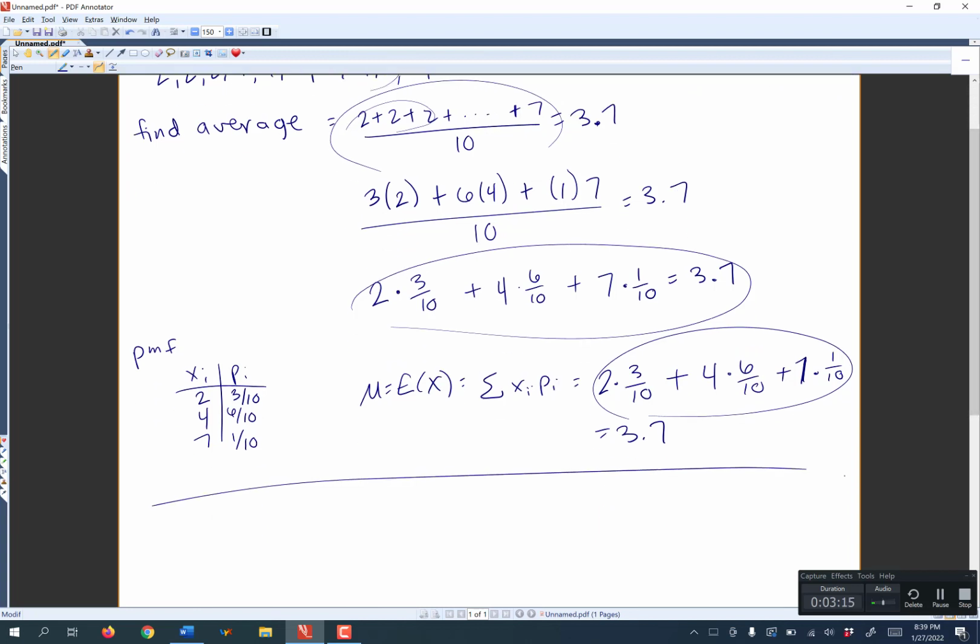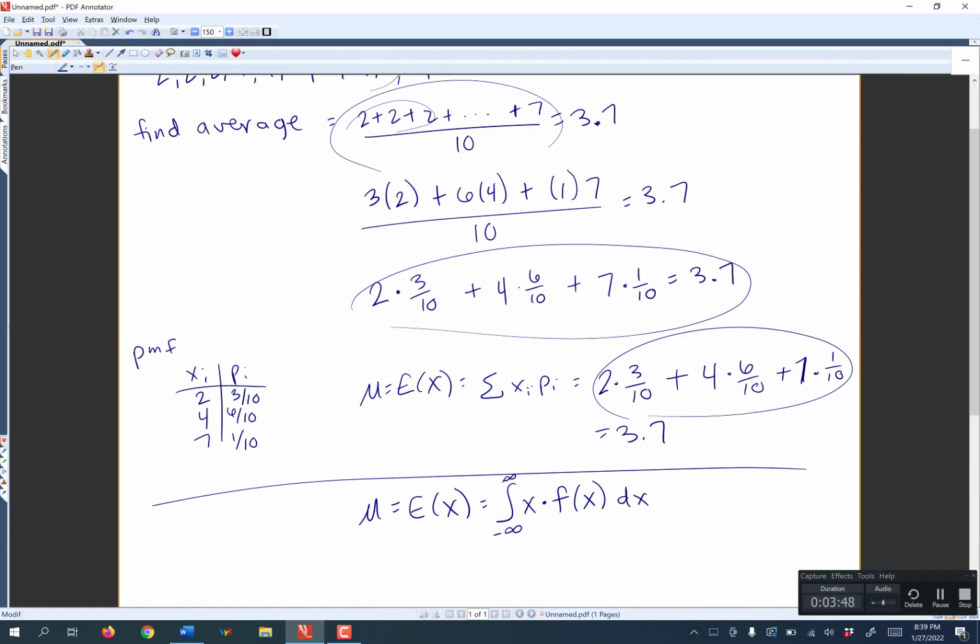If it's continuous, then we don't have a PMF anymore, but instead of having 3 or even 100 different possible x values, now we have infinitely many x values. And instead of sums, we move to integrals. So the mean, or expected value of x, is the integral of x times the PDF, f of x dx, from negative infinity to infinity.